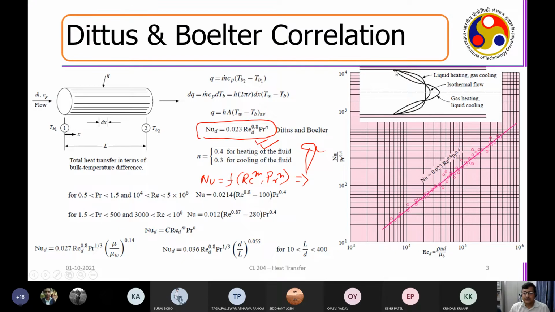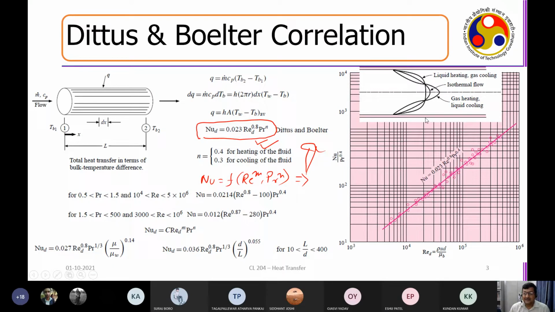For example, in normal isothermal pipe flow, you encounter a parabolic profile. But if you have gas heating, the parabolic profile changes like this, whereas for liquid heating and gas cooling, the profile changes like this. This happens dynamically because of natural convection, turbulence, and different types of things.